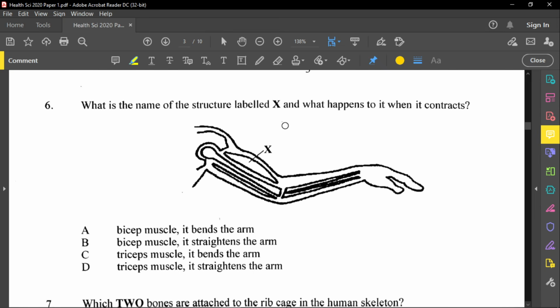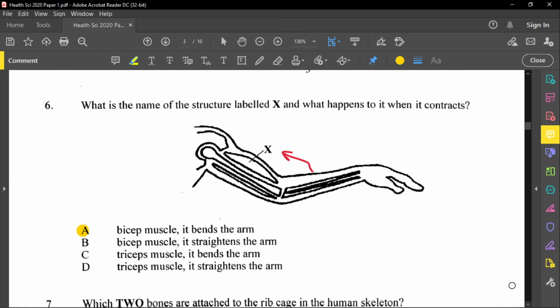If this contracts, which means gets shorter, you're going to pull this up and bend the arm. So we're looking for bicep and the bending of the arm. That is option A. If the bicep relaxes, the arm will be straightened.